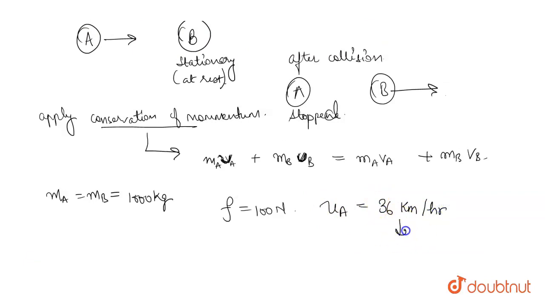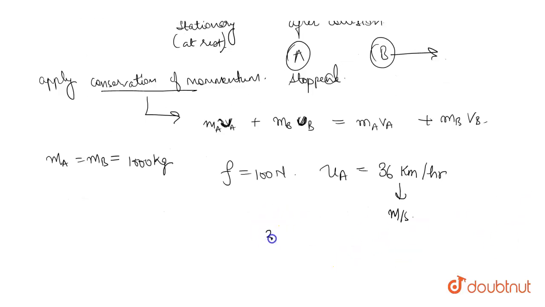We have to convert it to meter per second. To convert it, we will multiply by 5 by 18. This will give me u_a is equal to 10 meter per second.